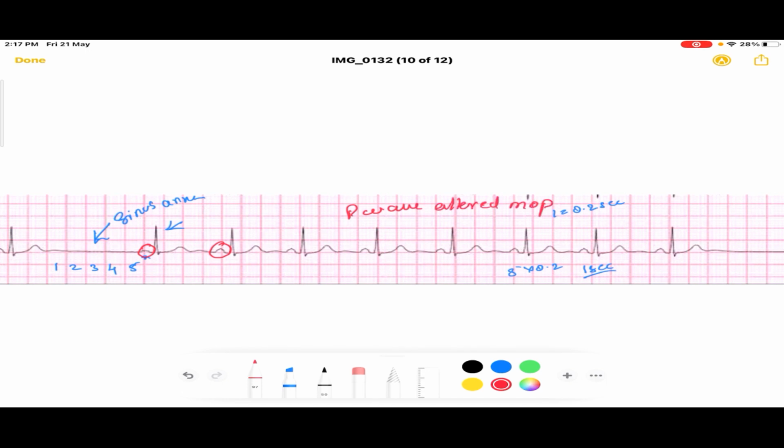QRS complex is normal, even T wave is normal. So this is atrial escape beat.